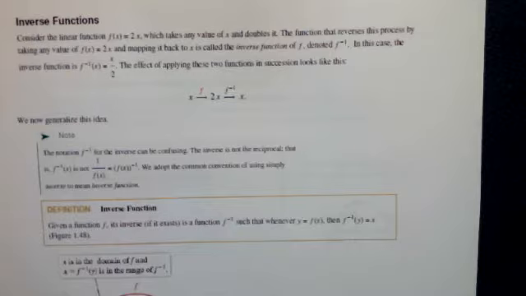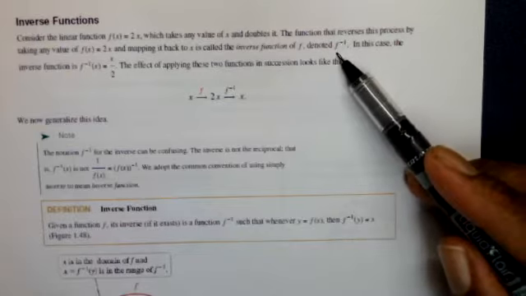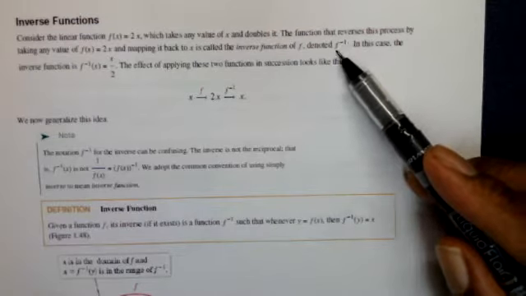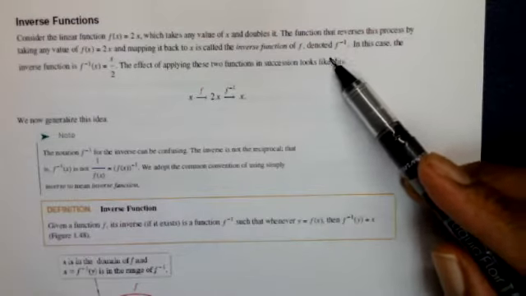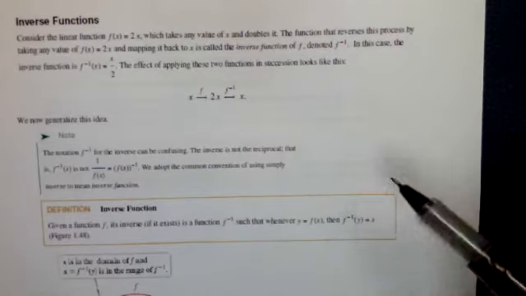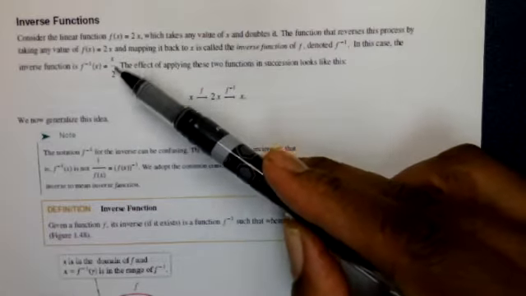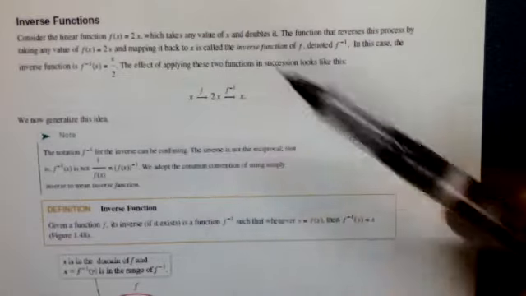We call that the inverse function of f. And this is the notation for the inverse of f with a -1 symbol. That means f inverse of x. So in this case, f inverse of x will be x over 2.